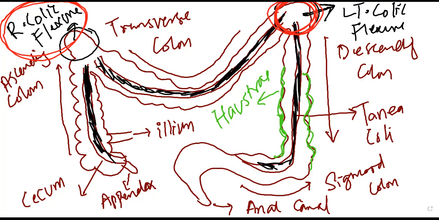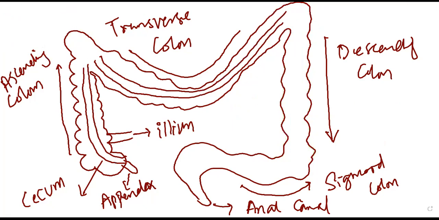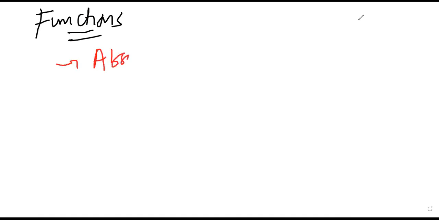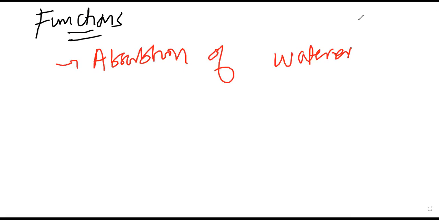First come to the first part of the large intestine, which is the cecum. Before going to the anatomy of the cecum, let us discuss the primary functions of the large intestine. The first function is absorption of water and storage of undigested food.